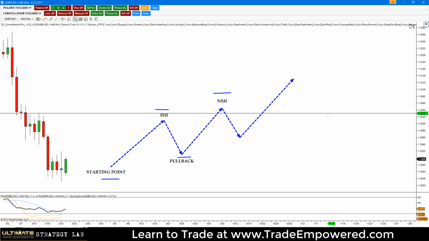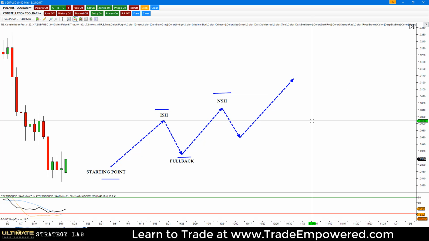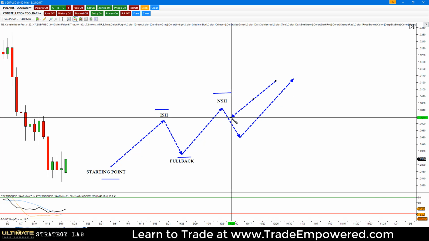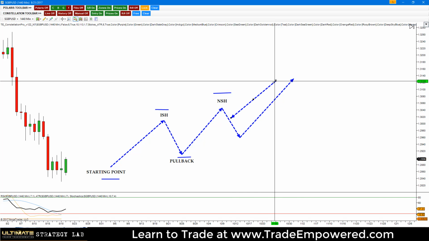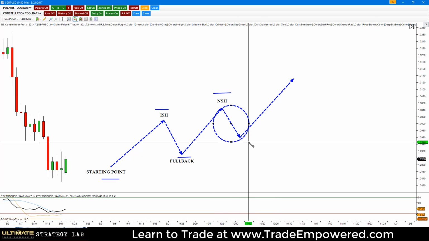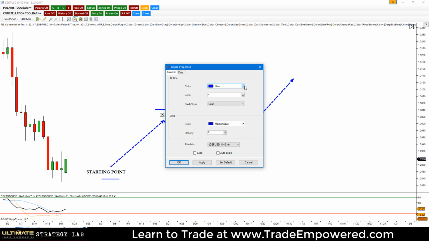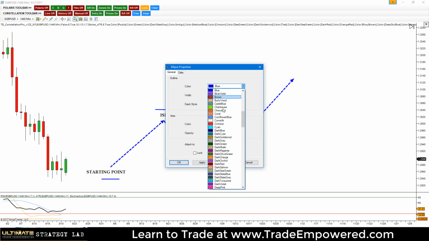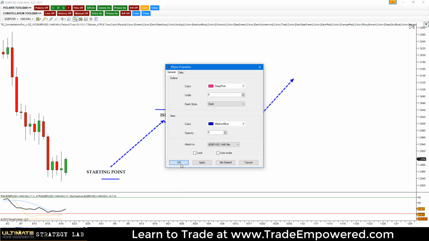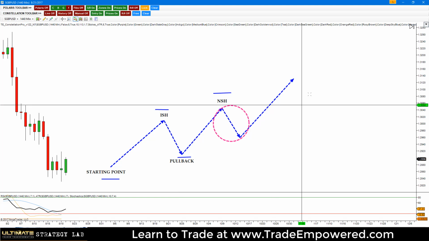No. In real life, these outside returns, these moves right here, let's put a circle around it, will typically look something like this. And this is where traders get confused.